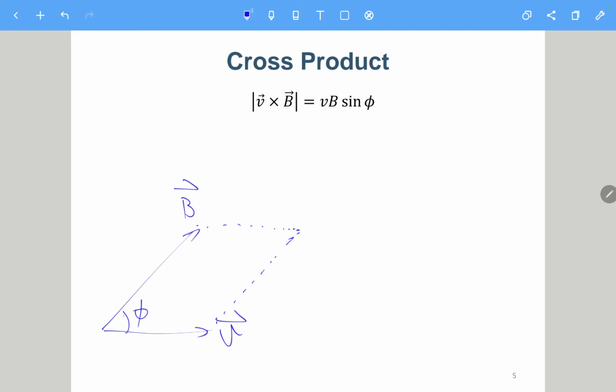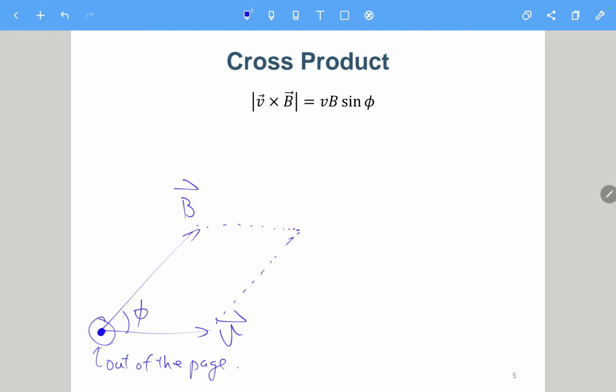If they pointed in the same direction, the result would be a zero vector. Suppose they point in different directions and start from the same point. Then V cross B, with V pointing in this direction and crossing to B, should point out of the page. When we consider a vector pointing out of the page, we use a dot inside a circle to represent that this vector is out of the page.